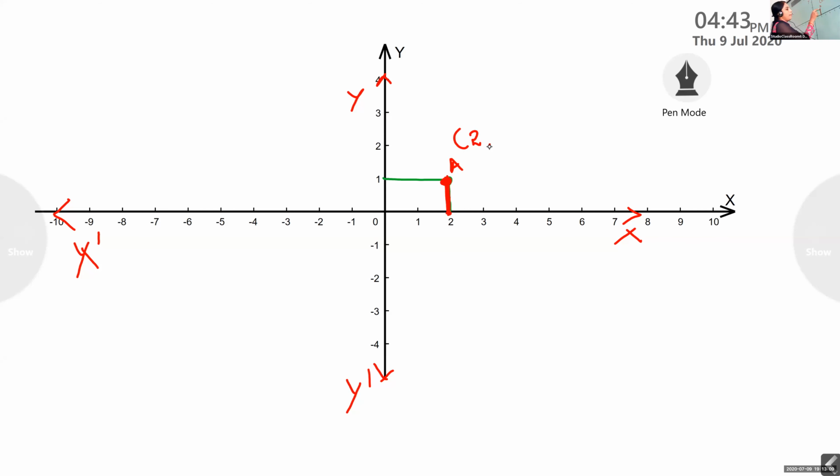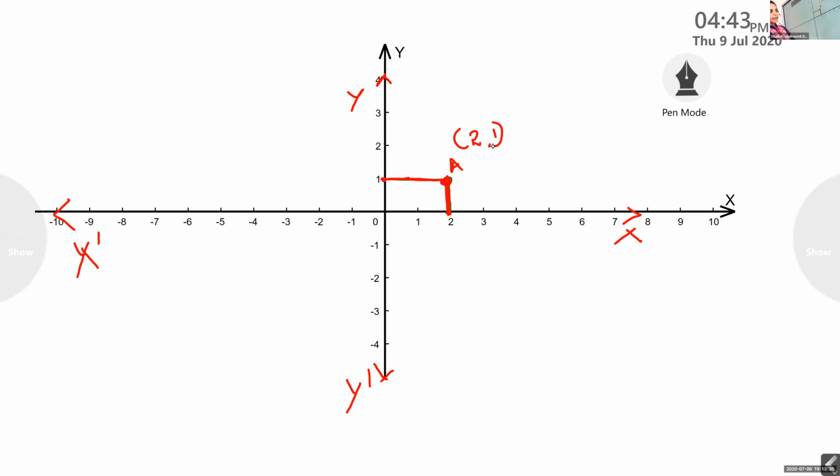Now, from A, you have to draw one more perpendicular line to the left side, to the y-axis. And you see the point where it touches the y-axis. Where? 1. So this point is (2, 1).